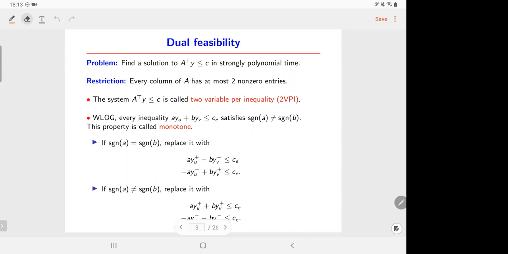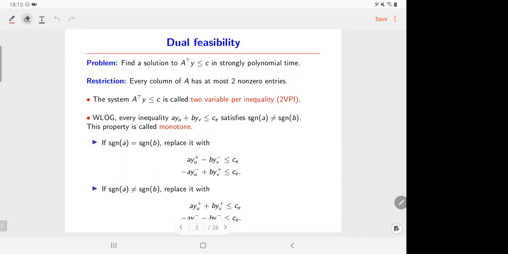For each variable y_u, you introduce 2 new variables, y_u^+ and y_u^-. Then you replace each inequality with 2 inequalities, depending on whether their signs agree or disagree. This reduction is without loss of generality, meaning that you can always construct a feasible solution to the original system from the new system.